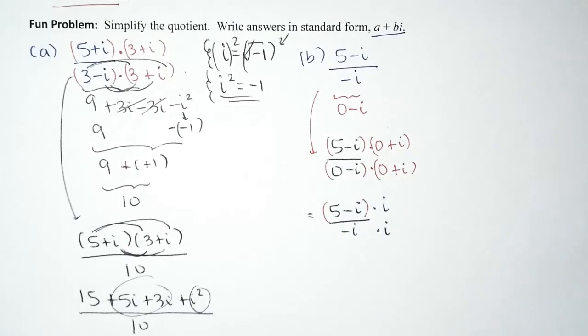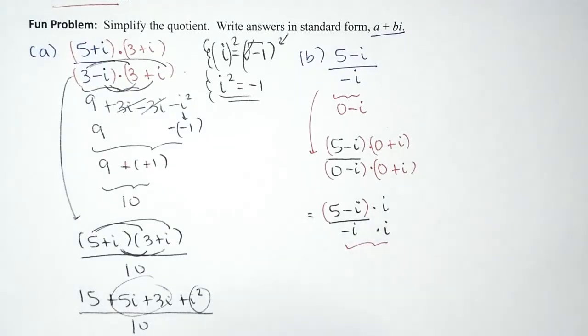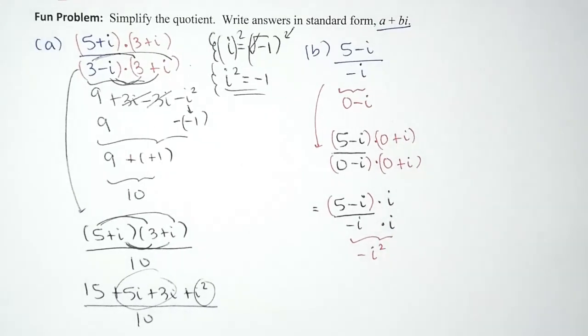If not, the reader will think we're just multiplying the i by this i. Let's clean up the bottom. The product of negative i and i gives us negative i squared. Remember, if we have a reference to i, it's just i itself, not i squared, not i cubed, not i to the millionth power.